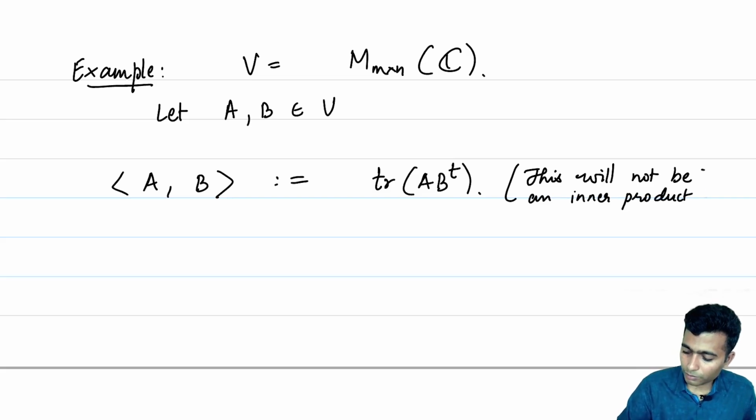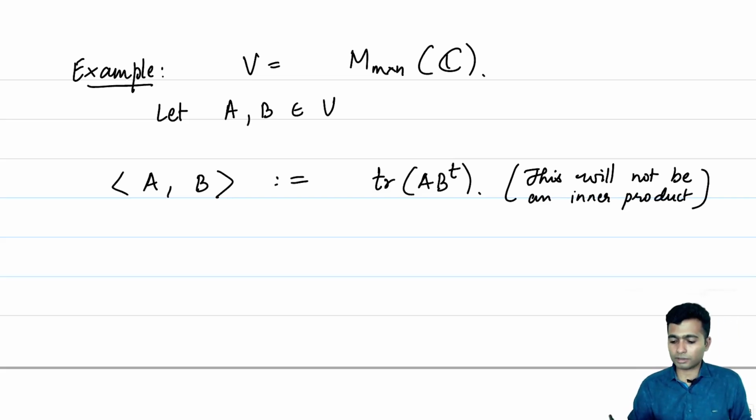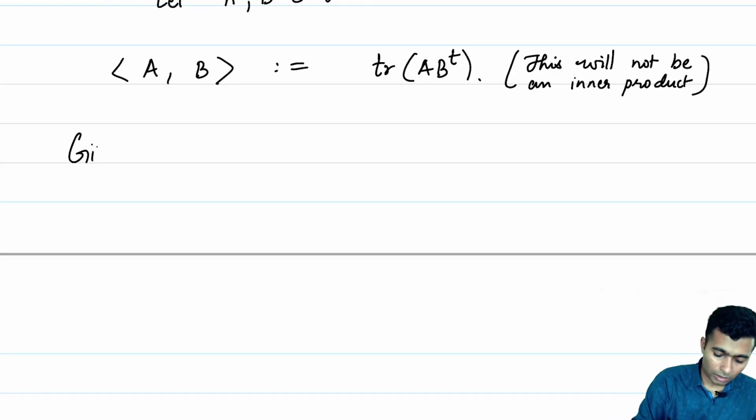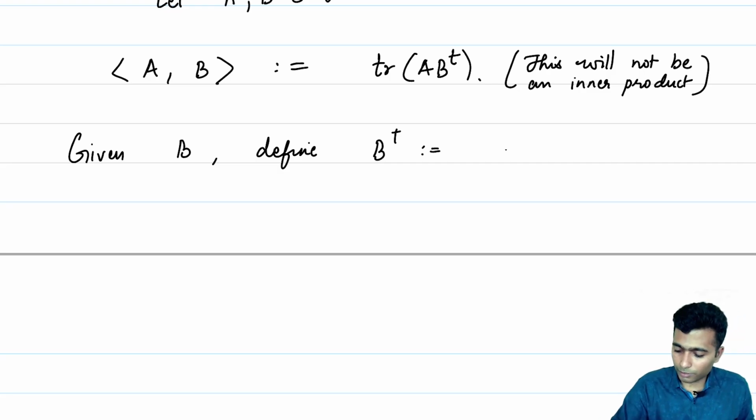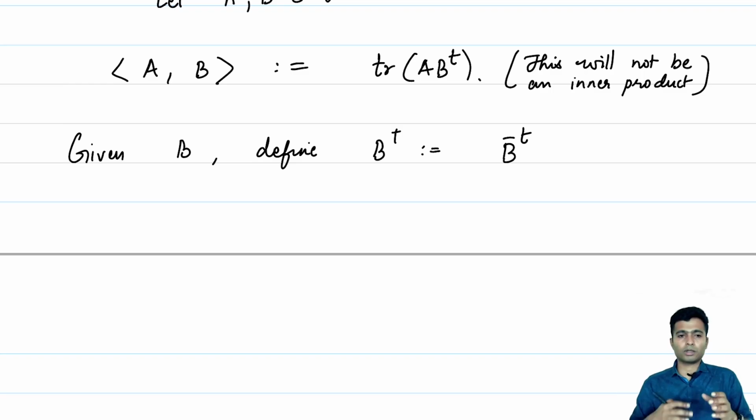So what do we do? Given a matrix B, let's define the adjoint. Given B, define the adjoint to be equal to B bar transpose, which is the conjugate of every entry and then the transpose is taken. It's a commutative operation.